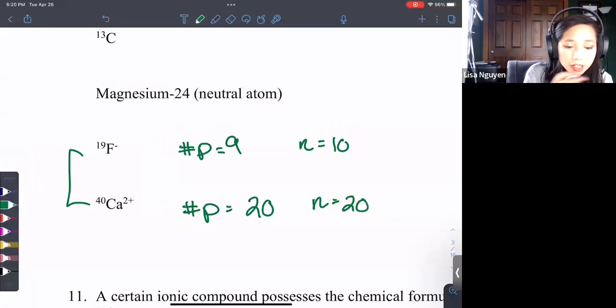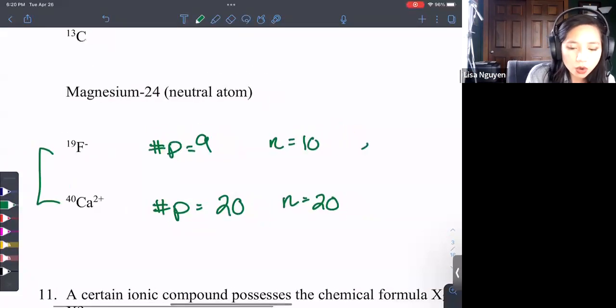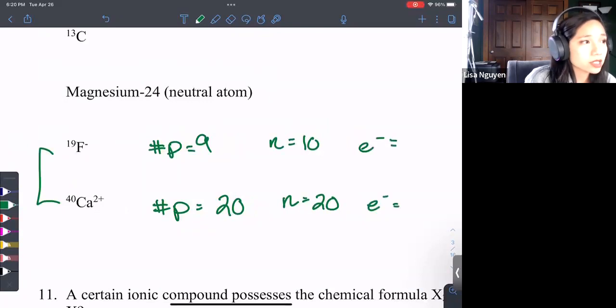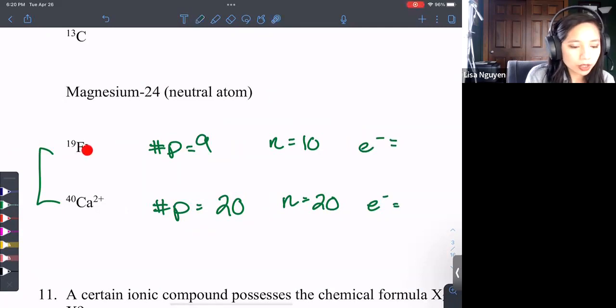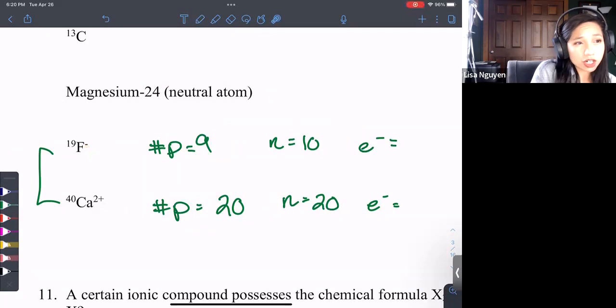And then the number of electrons here, don't always assume that the number of electrons is equal to the number of protons. That's only for neutral atoms. These 2 are not neutral. So this fluoride particle has a negative charge, so I like to think there's an extra electron that has to be there to be negative. So there's 10 electrons.